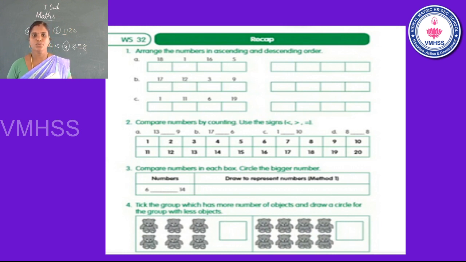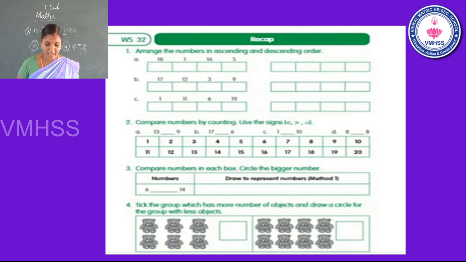14. 1, 2, 3, 4, 5, 6, 7, 8, 9, 10 and 11, 12, 13, 14. Cut the smaller number. So cut the smaller pictures. Okay. Remaining, which one is the bigger number?